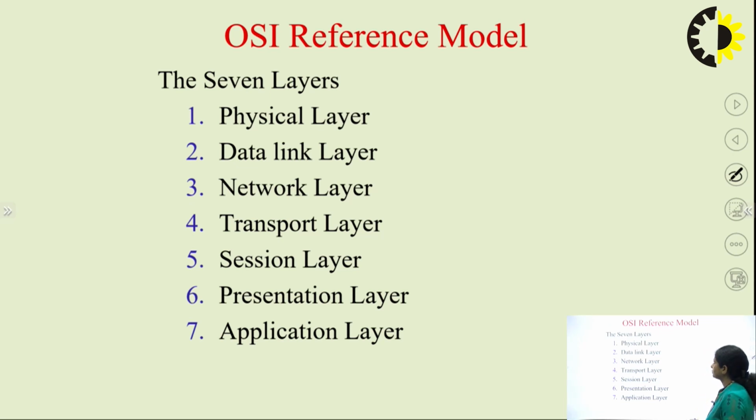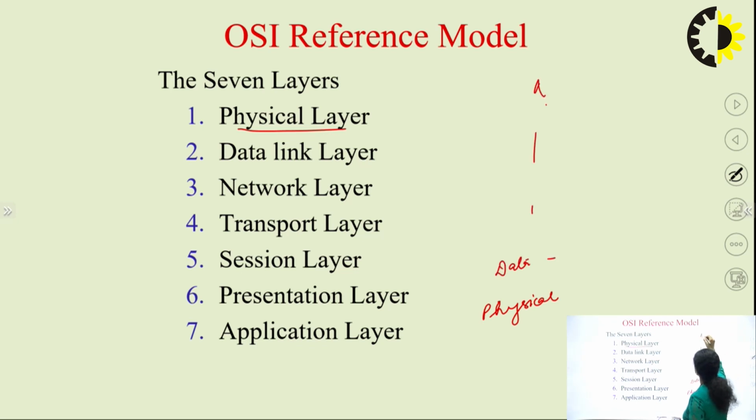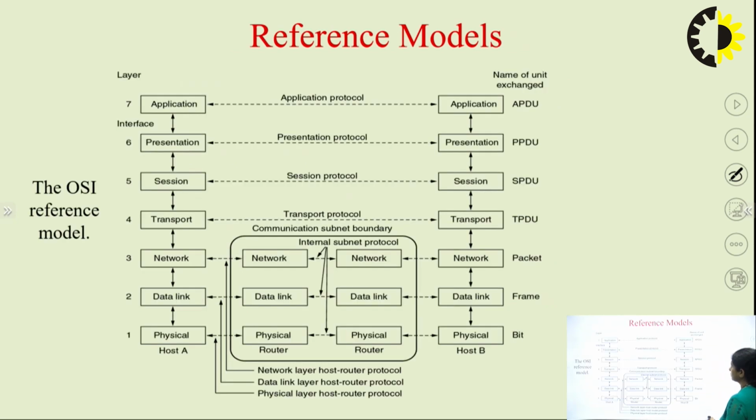So when we discuss the first layer, when we design the OSI model, it is the lowest layer: physical layer, then data link layer, up to application layer, right? Let me show you the diagram now.